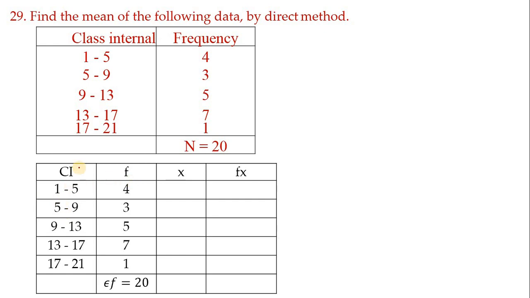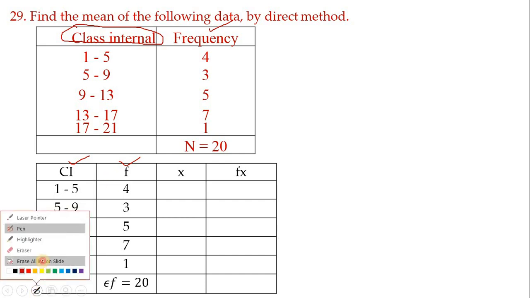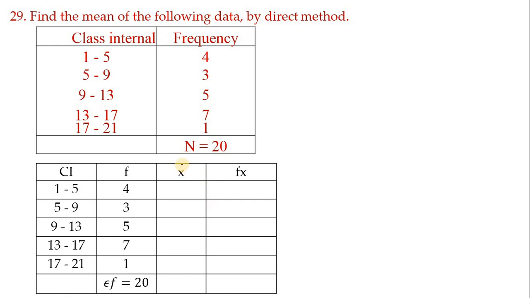Here, the first 2 columns we have taken from problem itself, the class interval and frequency. These 2 will be same, that we take from the problem itself. But we have to learn the third column and the fourth column. The third column is for x and the fourth column is for fx.